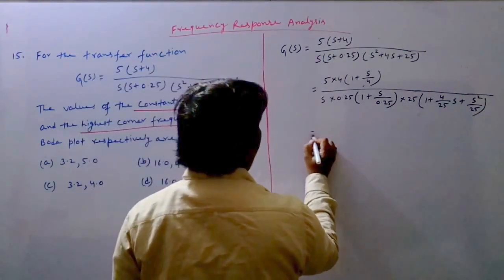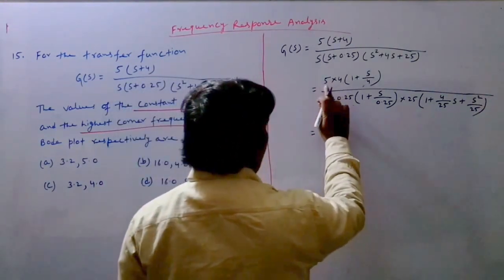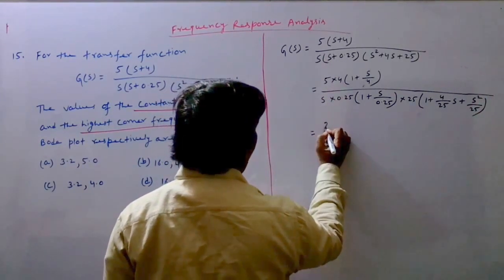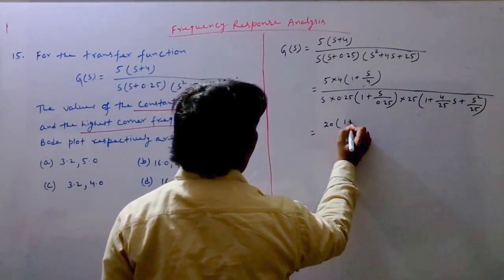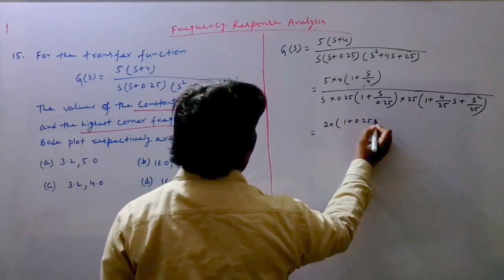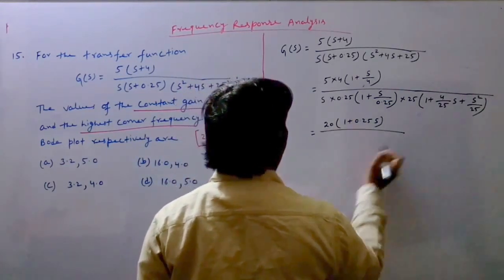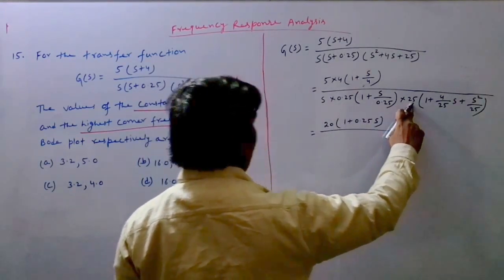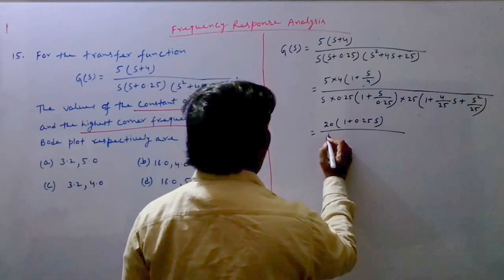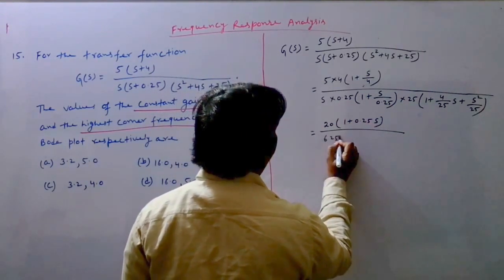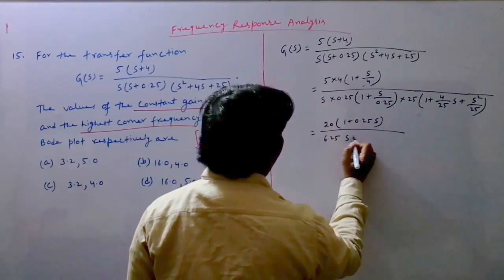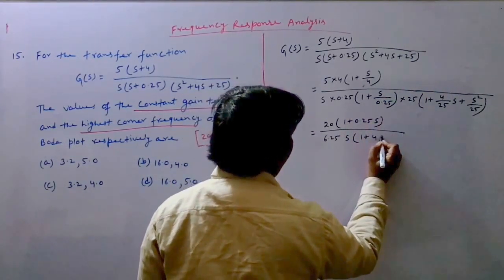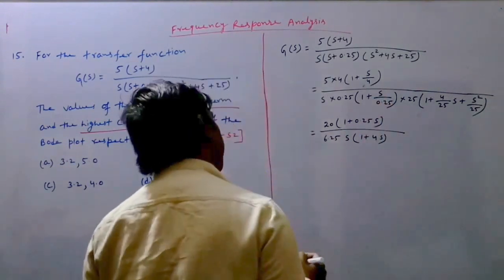Now if we multiply 5 by 4, this will become 20. Now it will become 1 plus 0.25 s. Here 0.25 multiplied by 25 will become 6.25, it is s. Now here 1 plus 4s.